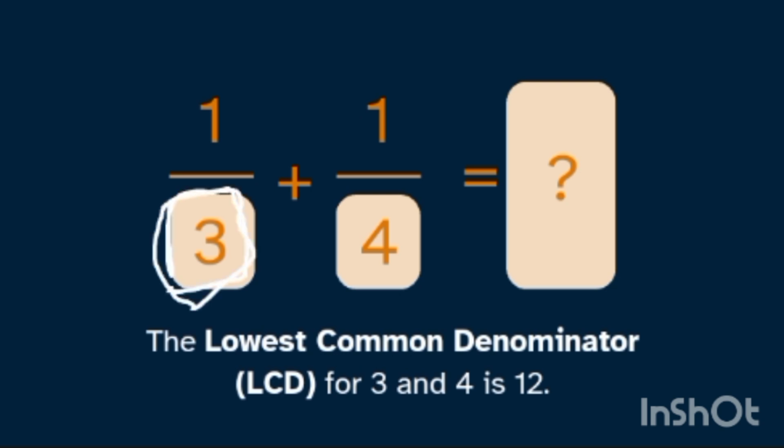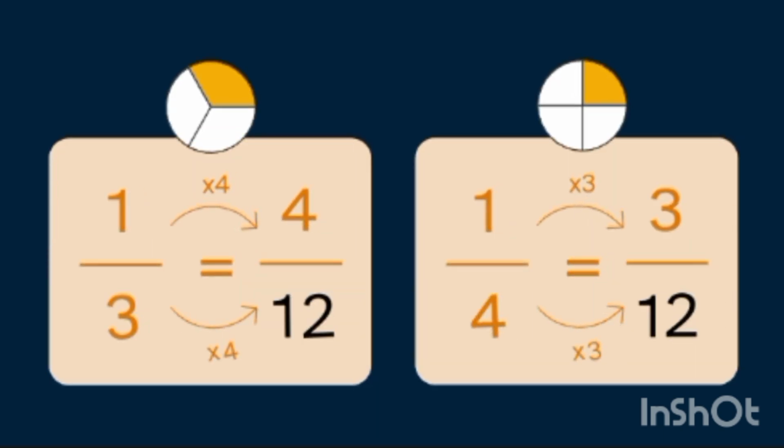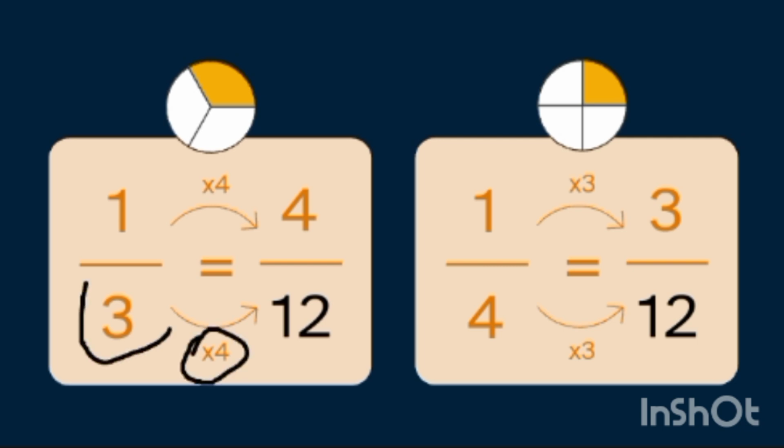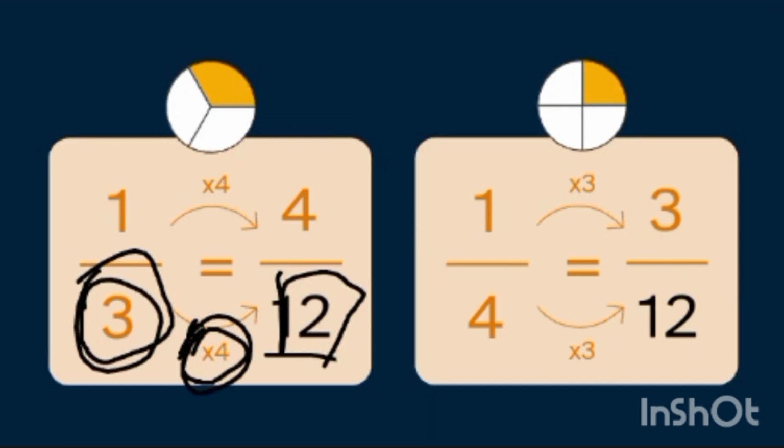Over here you need to multiply 4 with 3 to get 12. The same number you multiply with the denominator 3, you need to multiply with the numerator, which is 4.